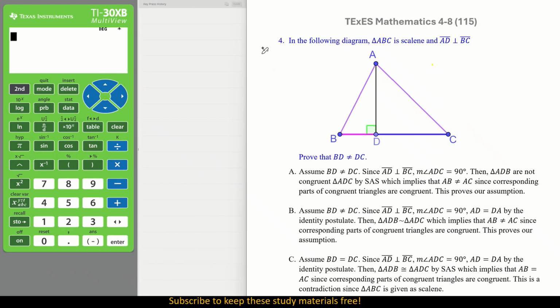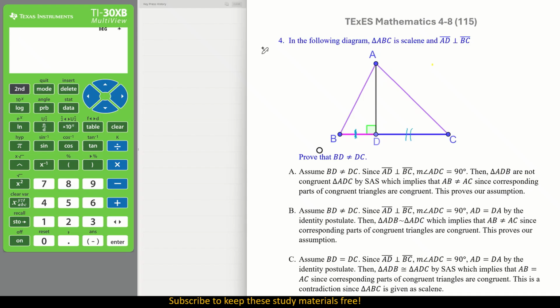Number 4, in the following diagram, triangle ABC is scalene and AD is perpendicular to BC. Prove that BD is not equal to DC.